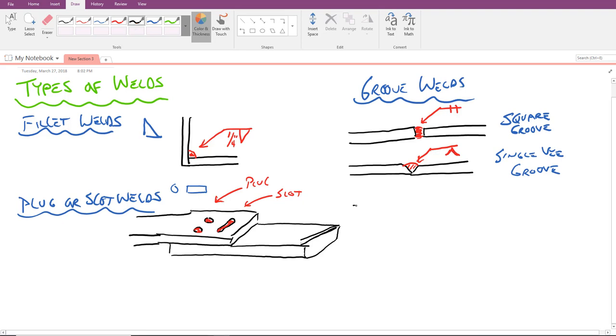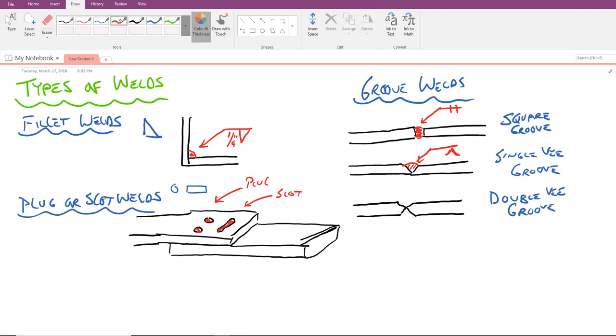Also common to have a double V, so rather than the weld only being on one side of the materials, we actually weld both sides.